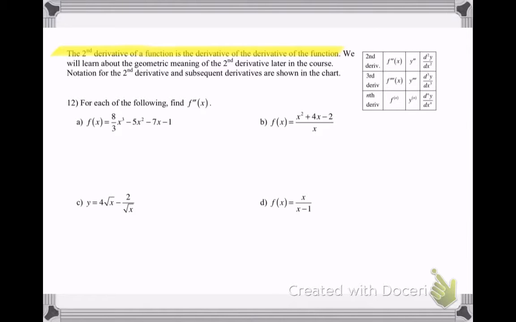Those higher derivatives will have different geometric interpretations, physical interpretations, and whatnot, and we'll uncover those later on in the course. Basically, if you're thinking about it in terms of slopes, the first derivative is the slope at a given point. The second derivative would basically be the rate at which the slope is changing at that point.